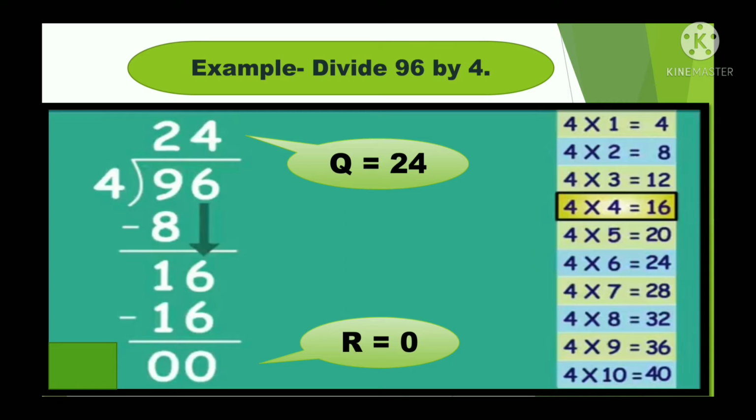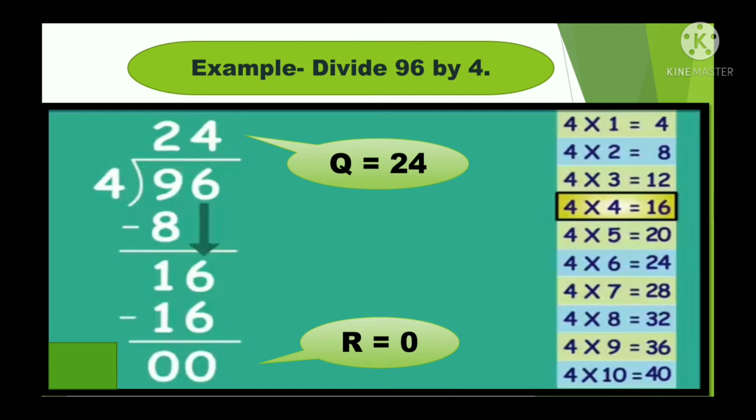After that we have to subtract. When we subtract, we get 1, and then we write the next number, which is 6. So we get 16. Now we again count the table of 4 and find the number which is equal to or closest to this number. In the table of 4 you can see 4 4s are 16.